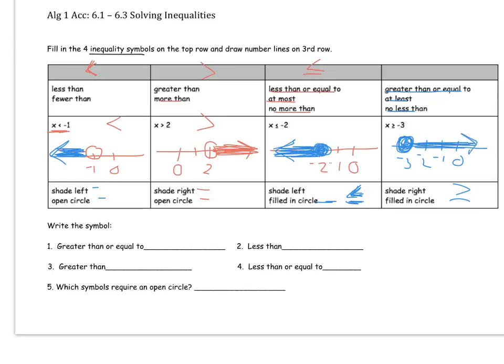So, down below, a review of the words. Greater than or equal to looks like this. Less than, greater than, less than or equal to. And which symbols require the open circle? Less than, or greater than.